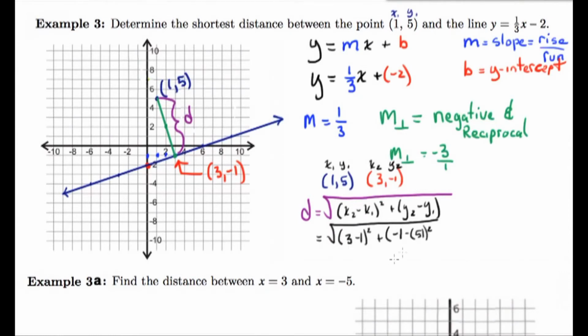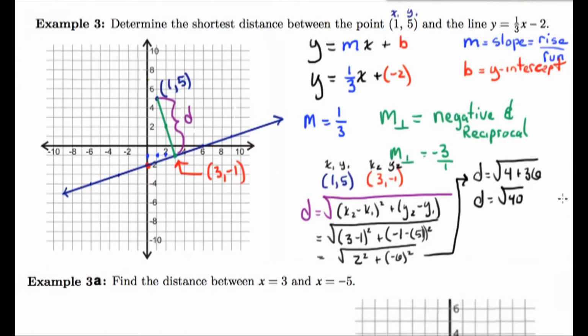So substitute my values here. And it's not going to be a perfect square in this case. So I'm just going to round to the nearest hundredth. So the square root of 40 is 6.32 units. So that's the distance between the point and the line.